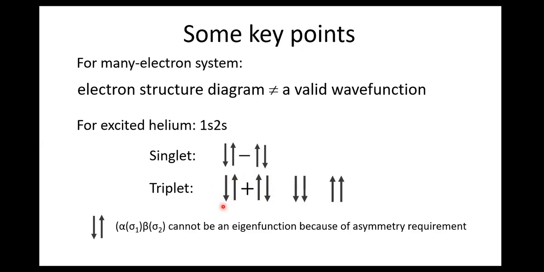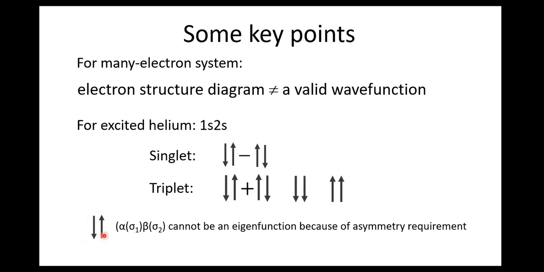So the conclusion is still this sentence. We need to be careful that we need to appreciate that this kind of convenient electron structure diagram doesn't necessarily mean it's a valid wave function, right? And the reason is, for this kind of paired electron configuration, we can draw it to show it, right?